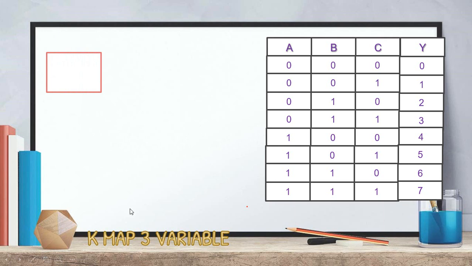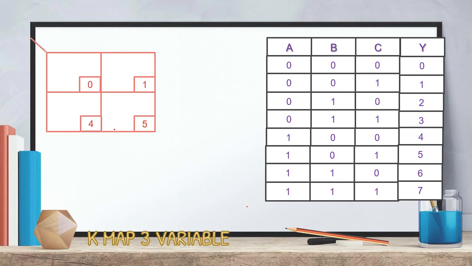I already told you a 3-variable KMAP means 2 to the power of 3, which is 8 boxes. So first draw the 8 boxes. We take the LSB bits in the horizontal form and the MSB bit in the vertical form.